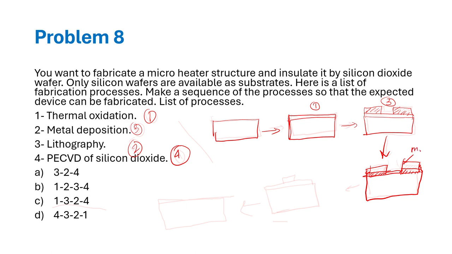Then after this we will go for a process called lift off, where we put this in the solvent. The solvent will come like this, see the photoresist, and dissolve it. In the places where the metal is deposited directly on the silicon dioxide, it will remain. In the remaining places where the metal is deposited on the photoresist, it will get lifted off. So that is the lift off process.